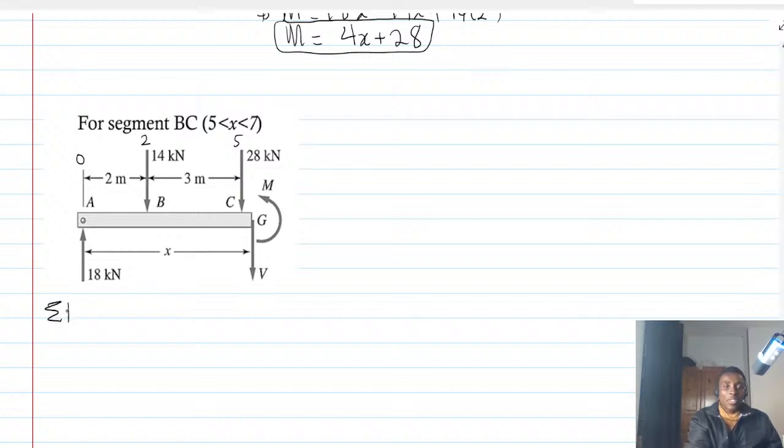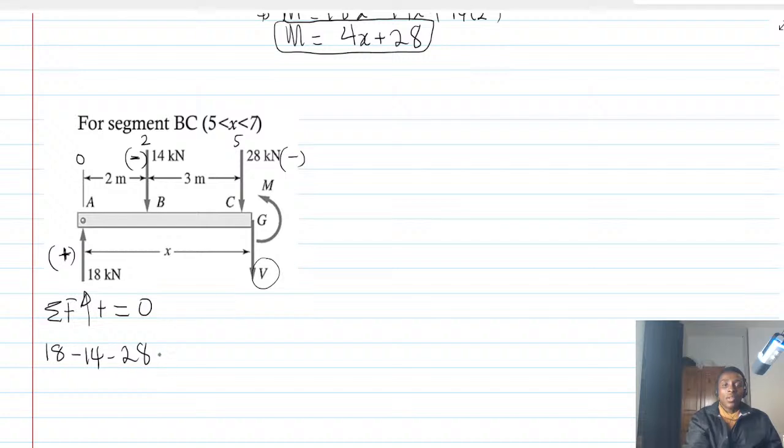Again, summation of forces. Every force going up is positive, should be 0. So we are going to get something like this: 18 minus 14. So you know 18 is going up, that's why it's positive. 14 is coming down, minus 28 because 28 is coming down.